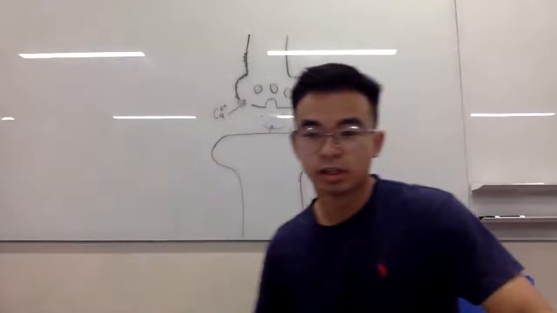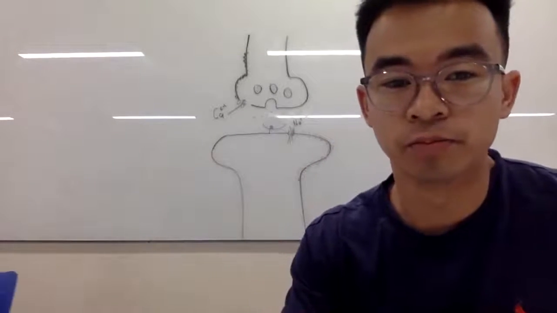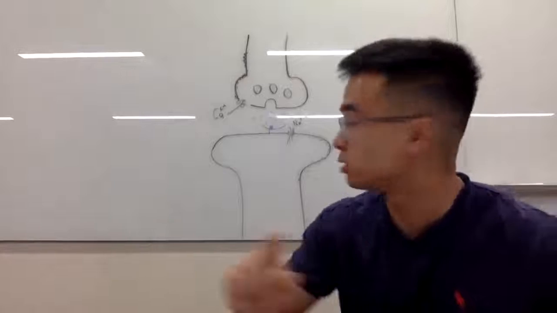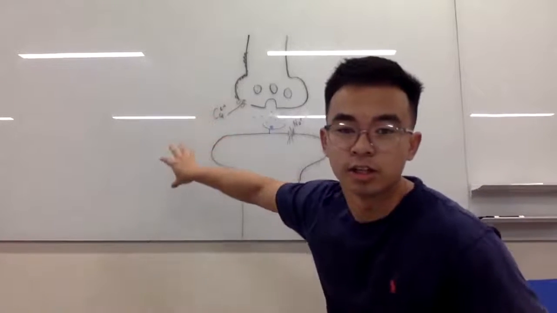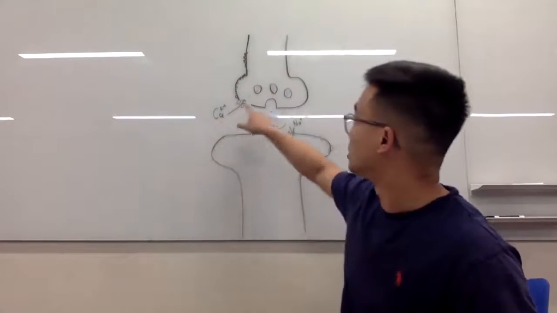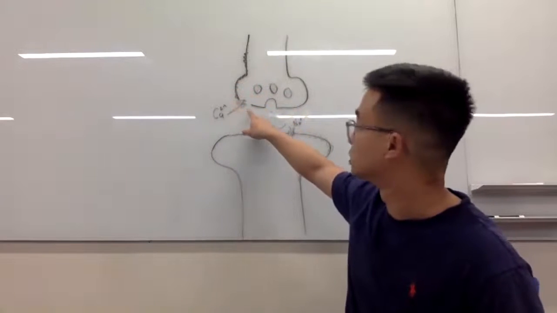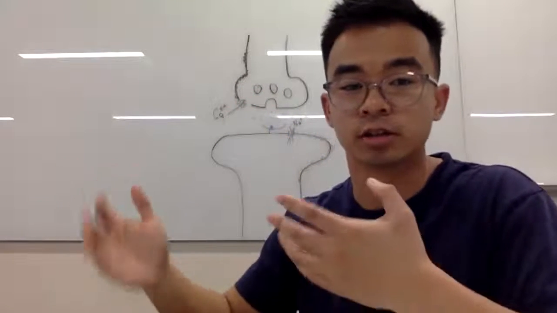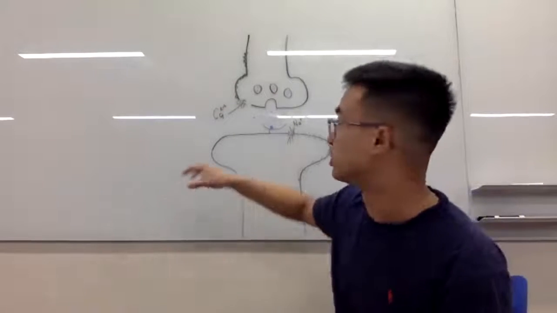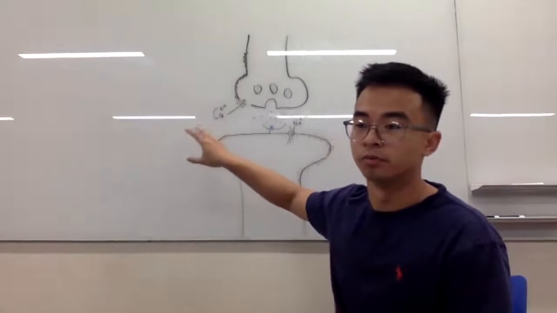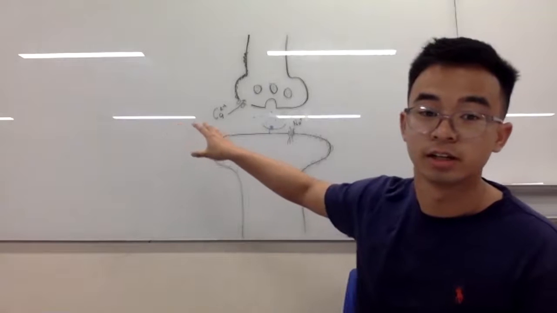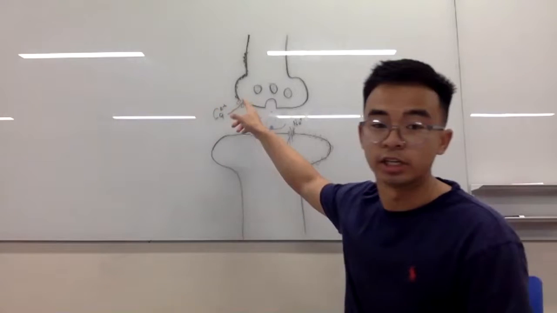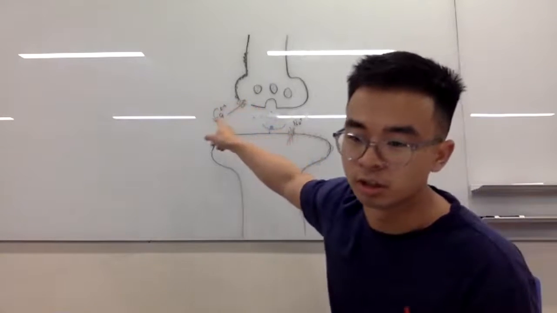Okay, yeah. Just to add on to that, similar to sodium, there's a high calcium concentration outside the neuron. Once the action potential signal hits this voltage-gated channel, once it hits a certain voltage, it's going to open. We know that we have a high concentration of calcium outside, so once it opens, calcium is going to flood in.